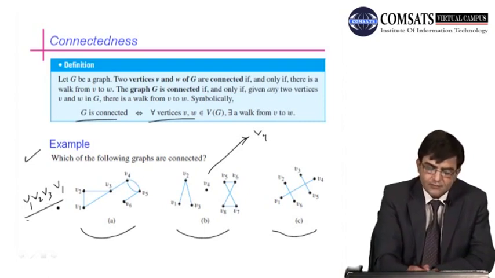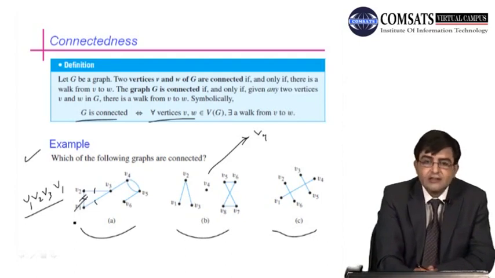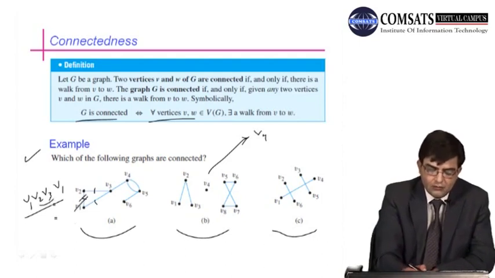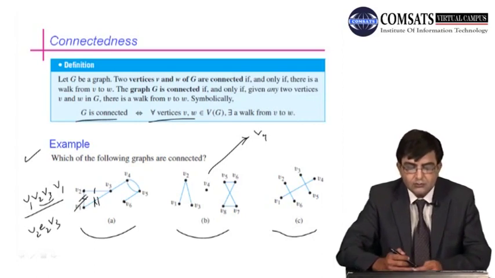If we remove this edge, and V2 and V3 are part of this circuit, then still we can write a trial, which is V2, E2, for example this is E2, and V3. This could be a trial from V2 to V3.